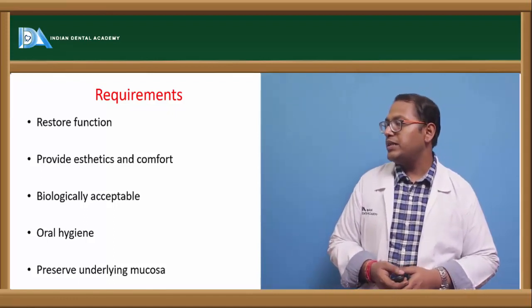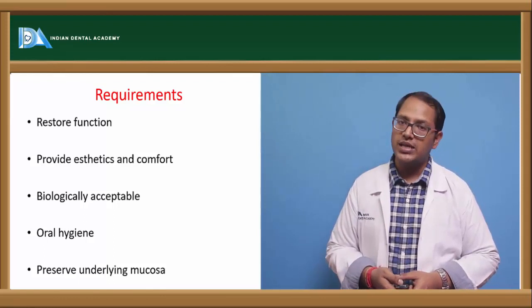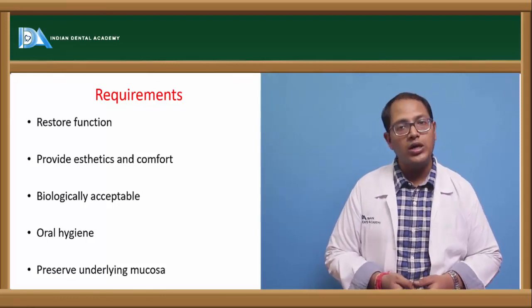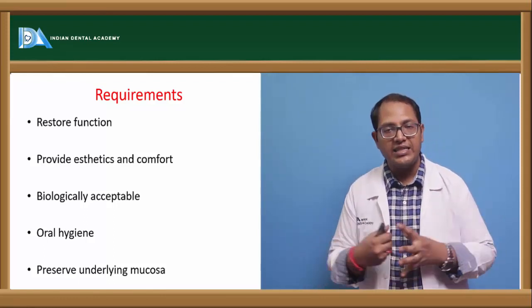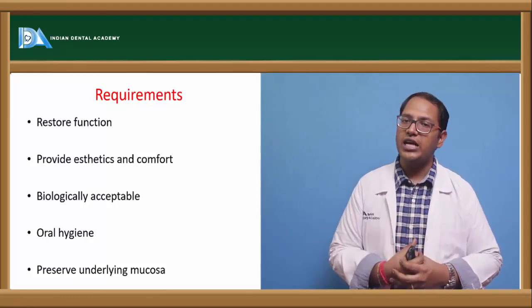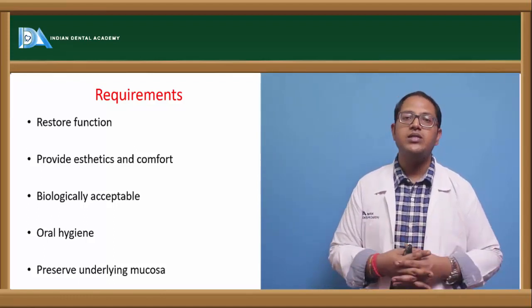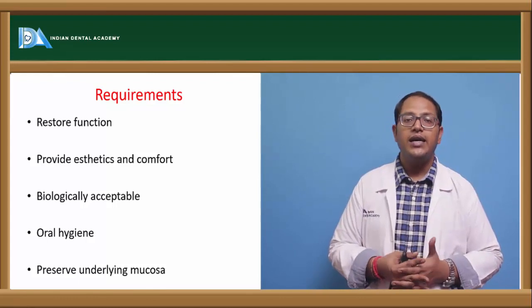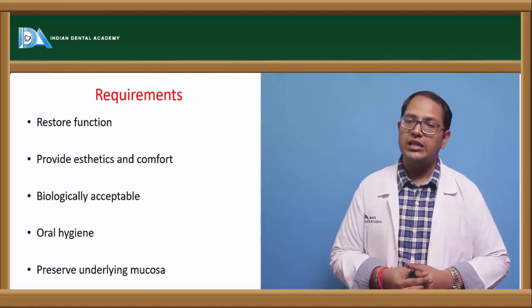That is the requirement, and it should preserve the underlying mucosa, because if we create a Pontic which contacts the mucosa in a very hard fashion, that will create redness and wounds in that area, and in turn hamper the health of the mucosa.